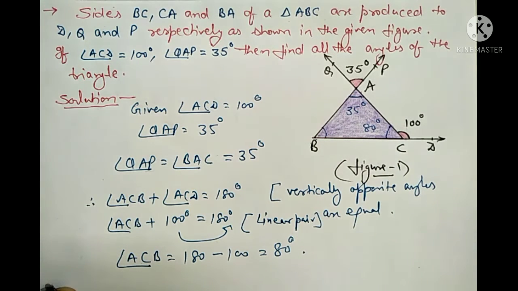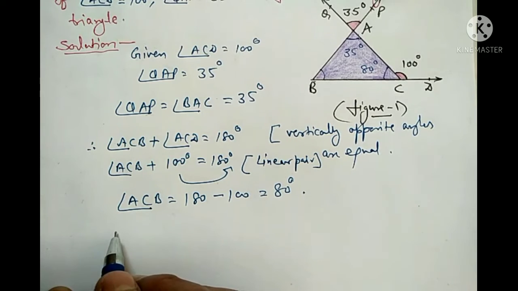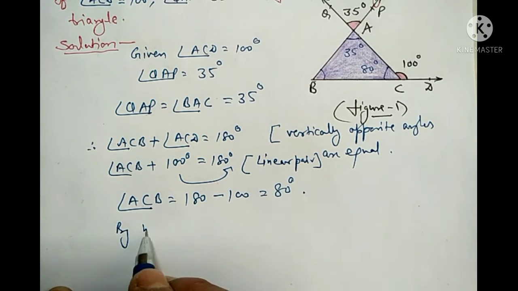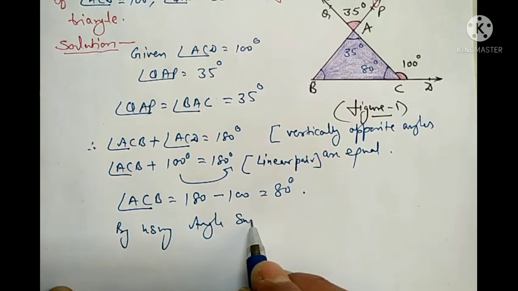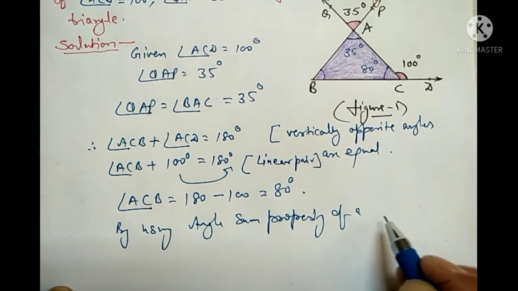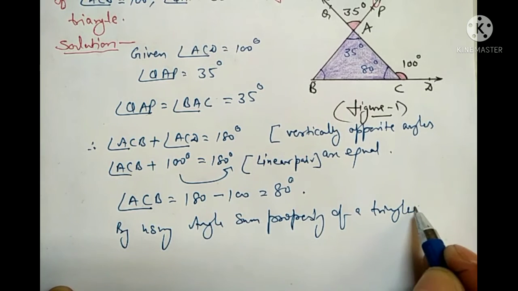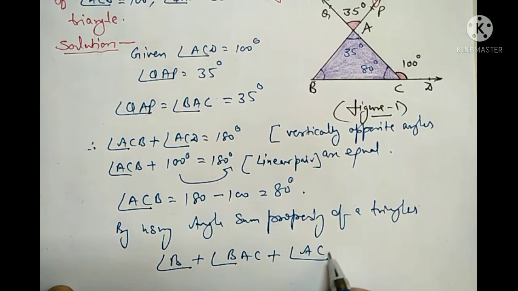By doing that we get the value of angle B. So by using the angle sum property of a triangle, angle B plus angle BAC plus angle ACB equals 180 degrees.